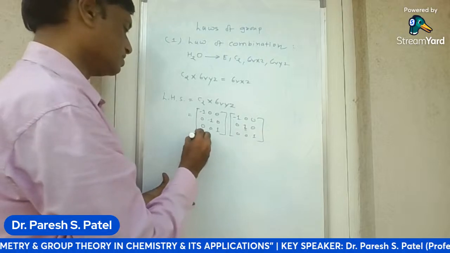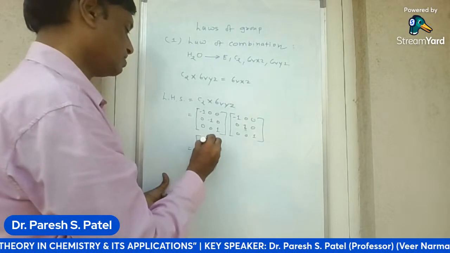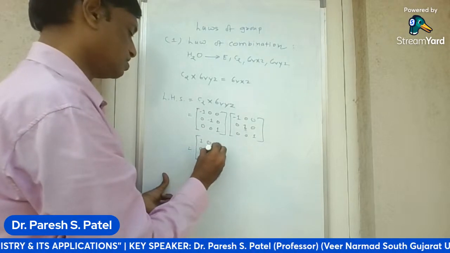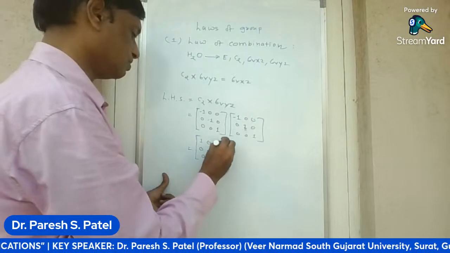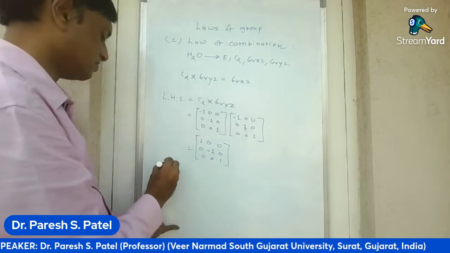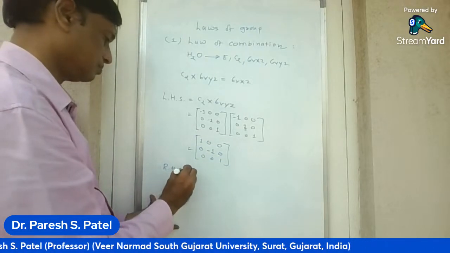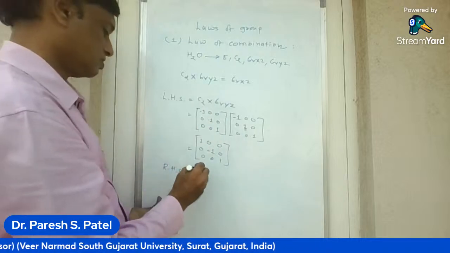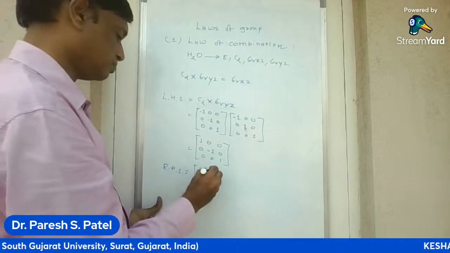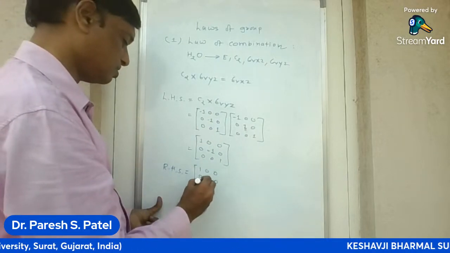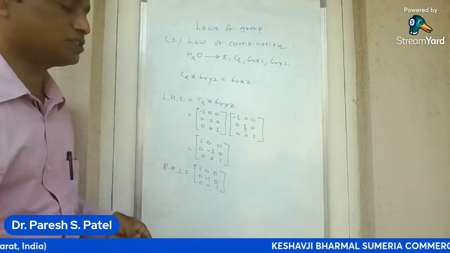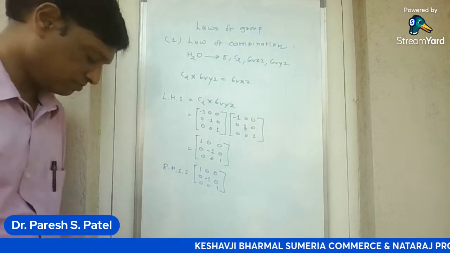So the overall result is 1 0 0, 0 minus 1 0, 0 0 1. And the right hand side is equal to 1 0 0, 0 minus 1 0, 0 0 1. Okay, so this is the law of combination.